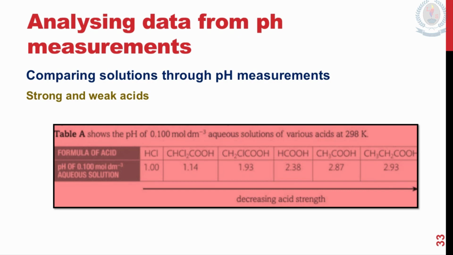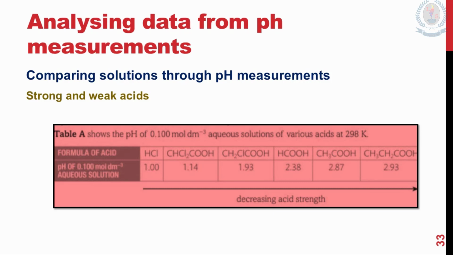Now there is a new topic: analyzing data from pH measurements. The first one is comparing solutions through pH measurement. First let's look at strong and weak acids. In here table A shows the pH of 0.1 mol per cubic decimeter aqueous solutions of various acids at 298 Kelvin.